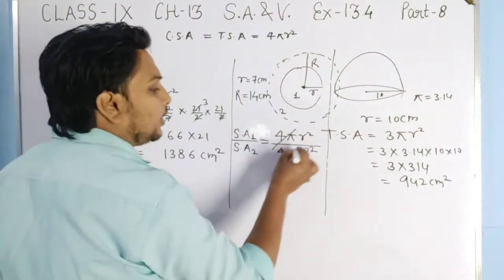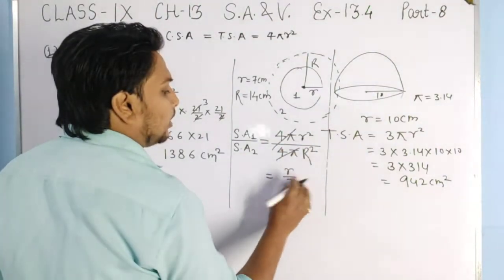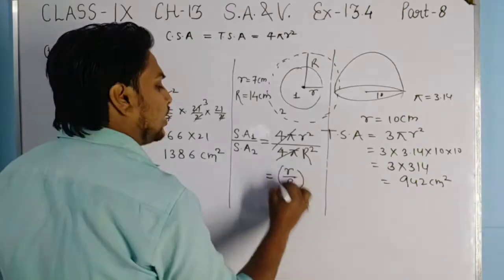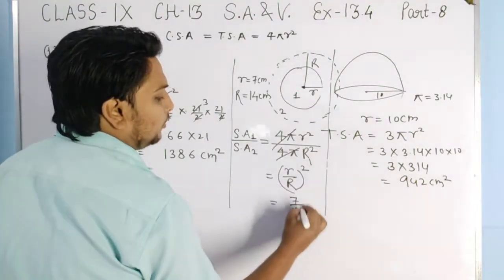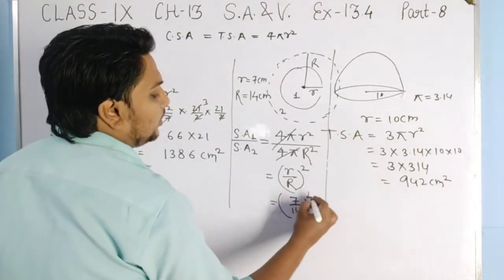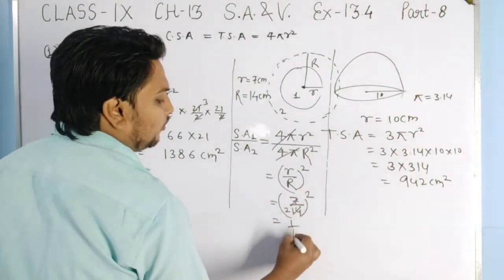So 4 pi and 4 pi will cancel out. Here you can write r square upon R square as r by R whole square. So 7 upon 14, because small r is 7 and capital R is 14, and it is being squared. So 7 upon 14 means 1 by 4.